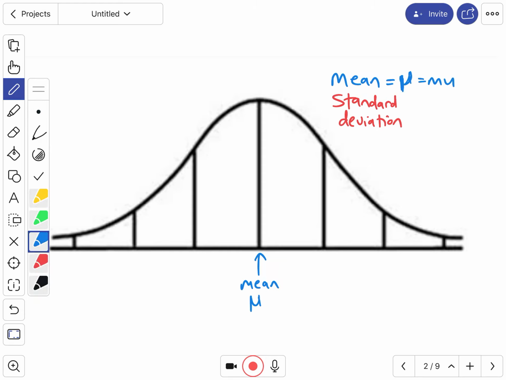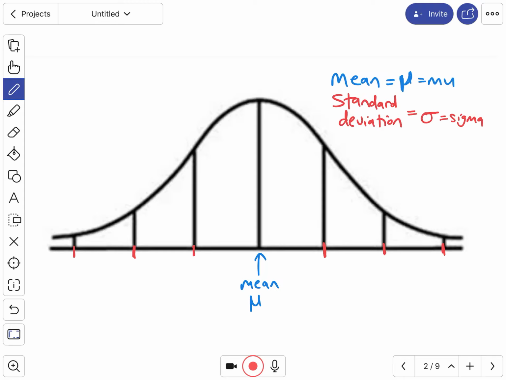And then the standard deviation uses the term sigma. It's like an O with a kind of a hat on. The standard deviation is basically for each of these lines here that goes to the left or to the right of the mean.